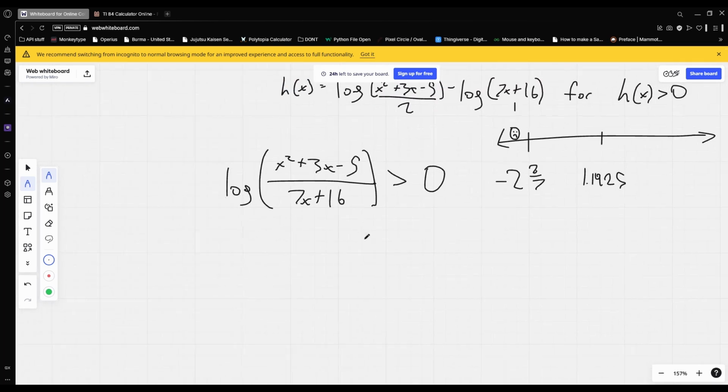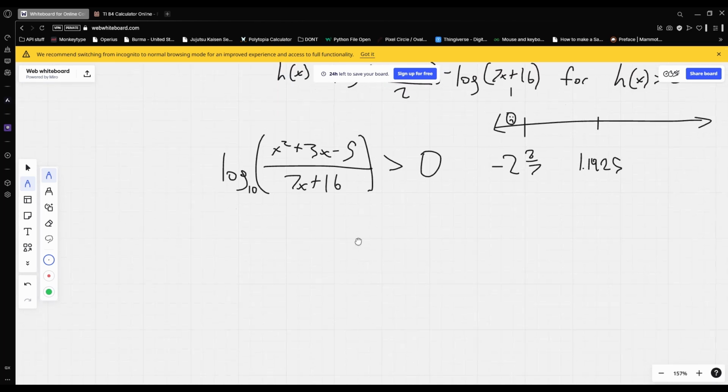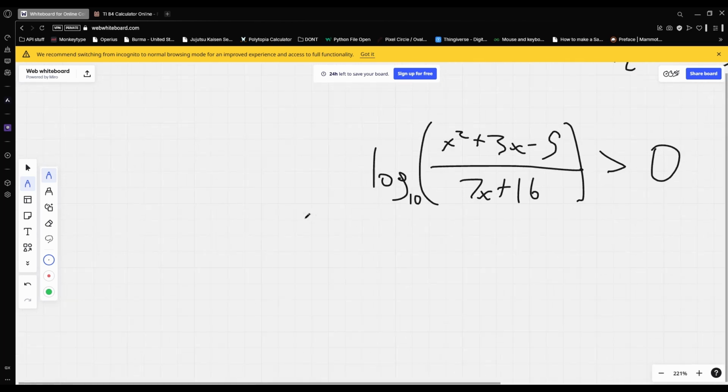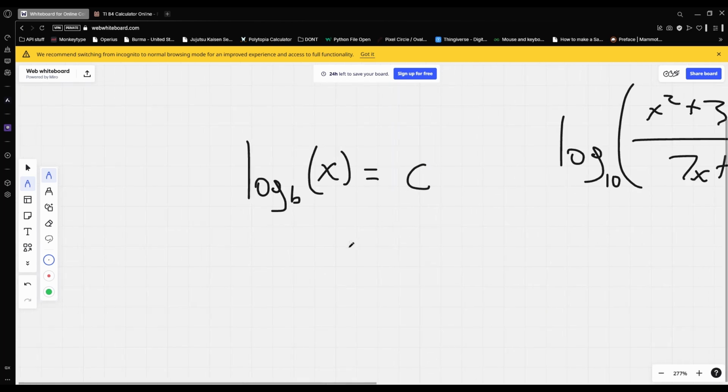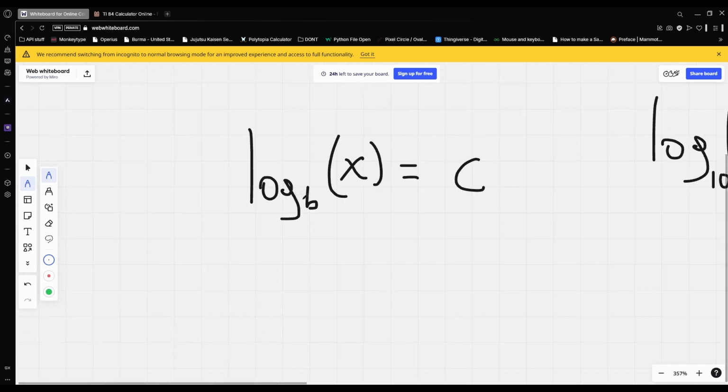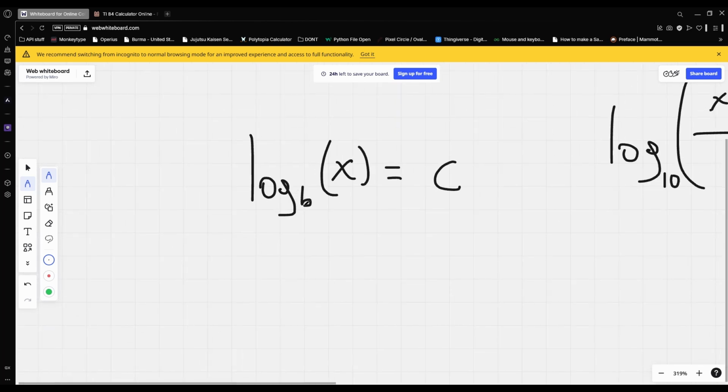And then we say, okay, this is log base 10. For log expressions, the way I like to explain it is log base b of x equal to c. When you read a log expression, the way you should understand it is b to the power of c is equal to x.